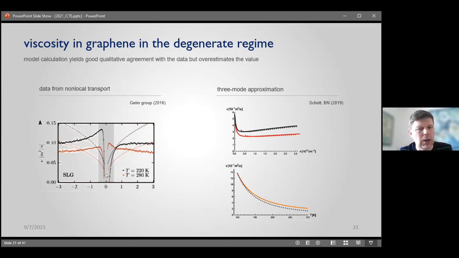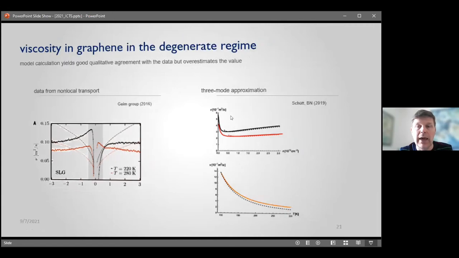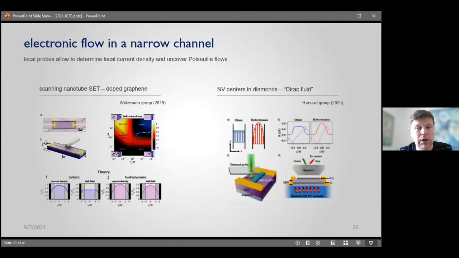Now, unlike the experiments in doped graphene, one can also calculate what happens at the Dirac point with viscosity. And that was also recently addressed in imaging experiments. Originally there were these two suggestions, where one either images electronic flow in graphene with a nanotube SQUID, or with a sort of magnetometer, and the role of the magnetometer is played by NV centers in diamonds.